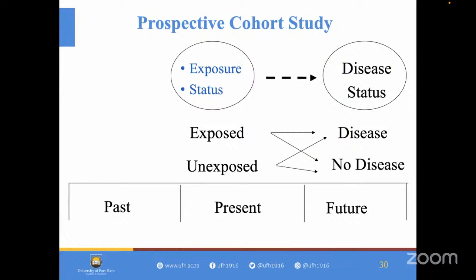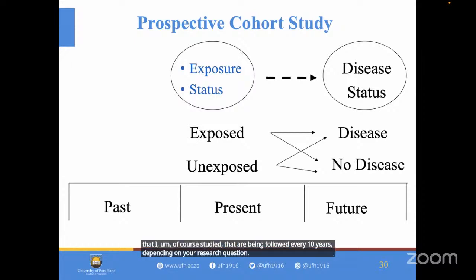And just like the name implies, in a prospective cohort study, you're looking at the present, they are not exposed. They don't have the disease in the present. Then you follow them up till they have that disease in the future. Maybe you follow them for 2 years. Maybe you follow them for 5 years. There are cohort studies that are followed every 10 years, depending on your research question.